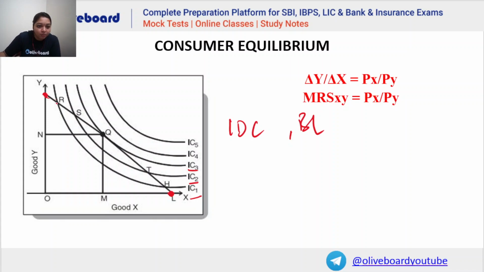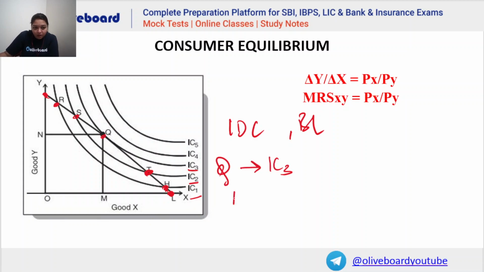Now let us see point R, point S, point T and point H. They are all on the budget line, meaning the consumer can purchase these commodities with his income. Okay, one point is clear. But can you see they are all on indifference curves which are below point Q? Q is on IC3.